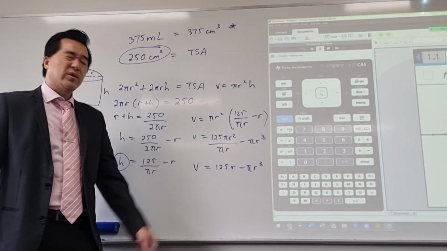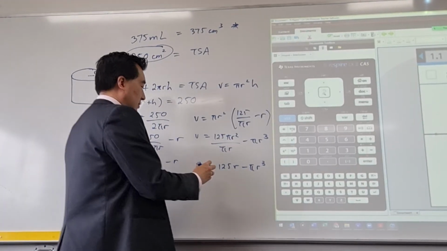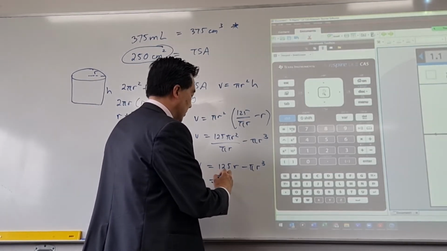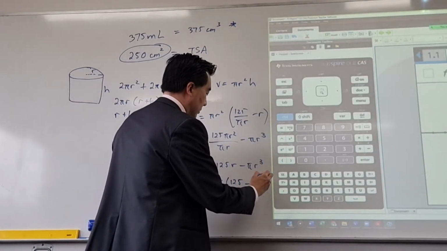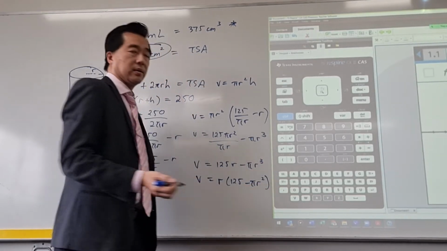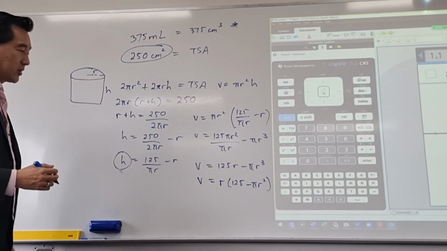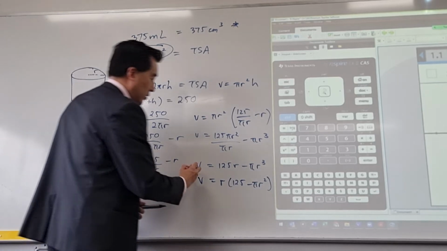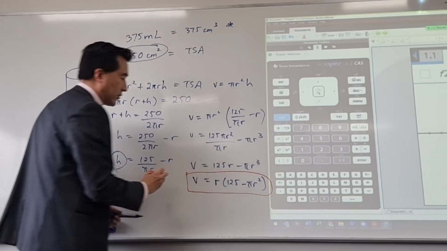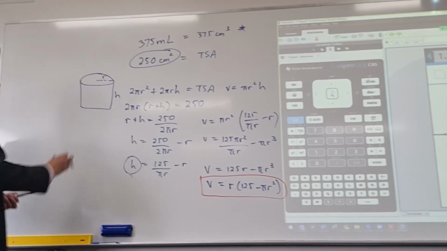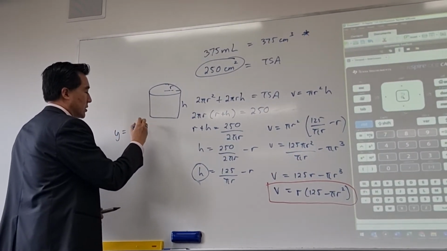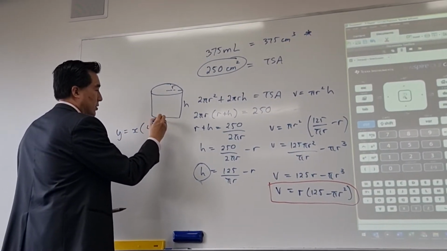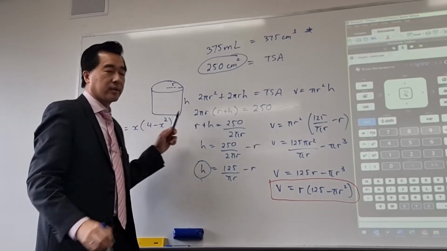Alright, if we just factorize the r back again, which we probably shouldn't have done in the first place, but now, again, go back to your basic theory. Looking at this equation that we've got for the volume. If you had a simple equation, your y equals x times 4 minus x squared, how does that look?